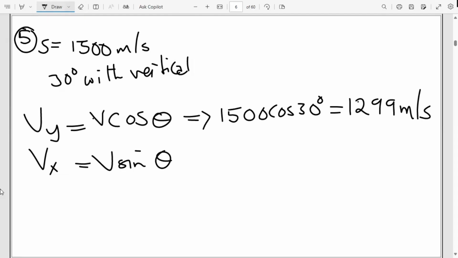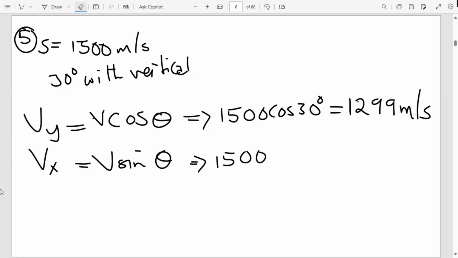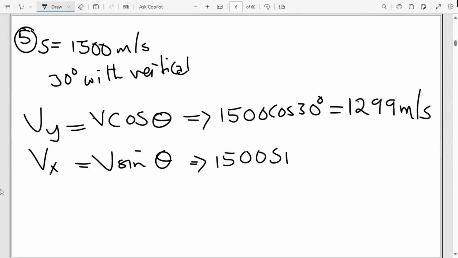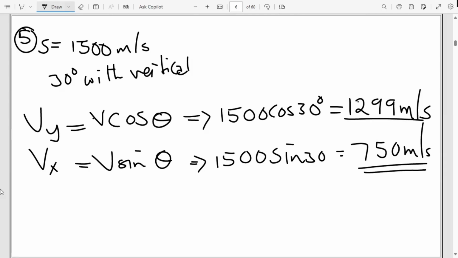Whilst this other one is going to have 1500 sine 30. This is the x component, 1500 sine 30. And this is going to give me 750 meters per second.